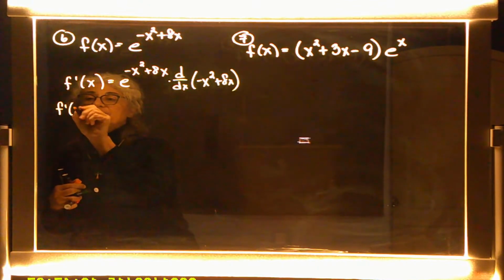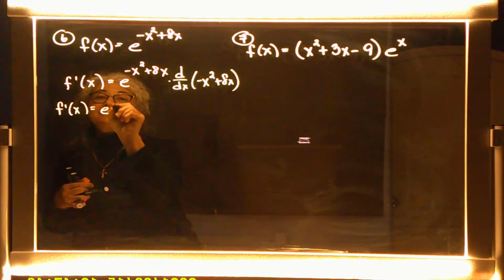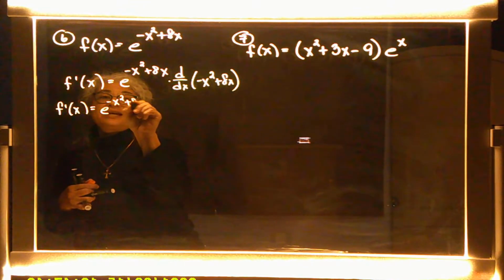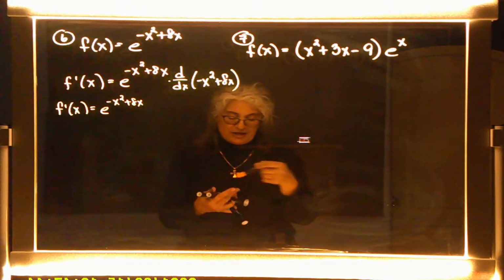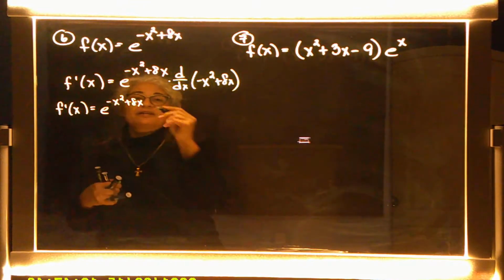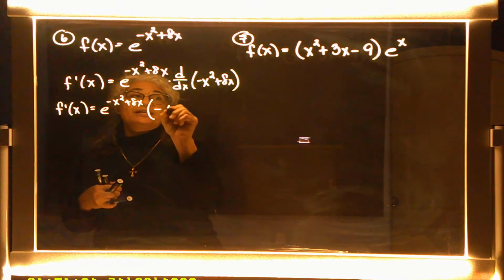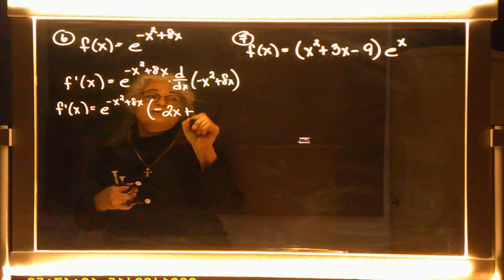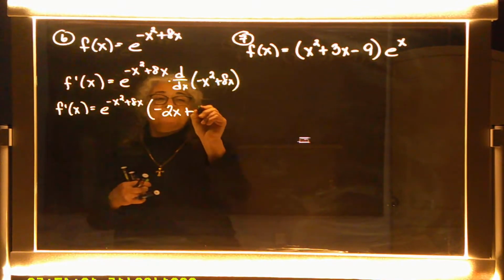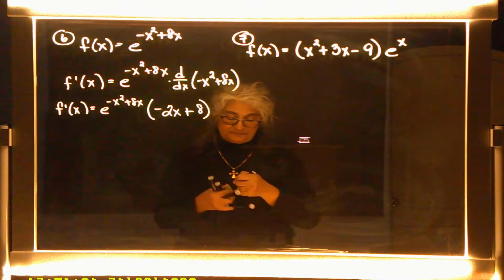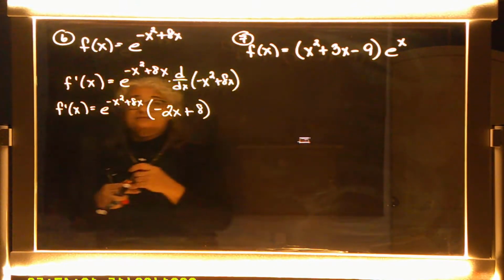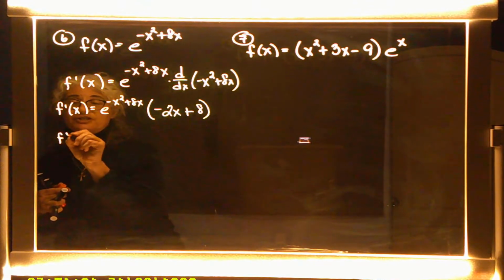So, this is going to be e to the negative x squared plus 8x. All right, so what's the derivative of negative x squared? Good, negative 2x. What's the derivative of 8x? Good, 8.